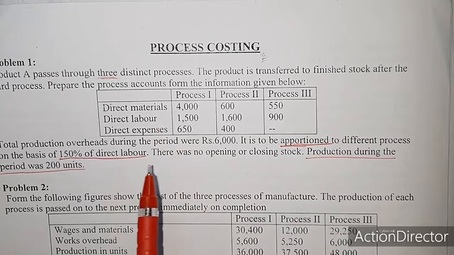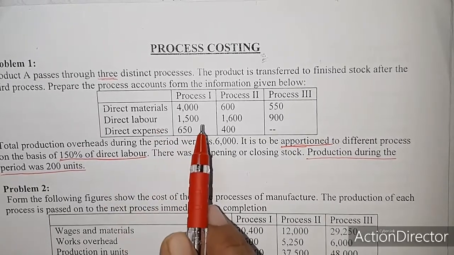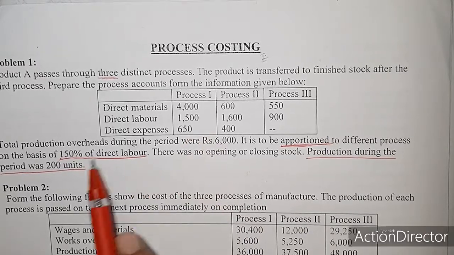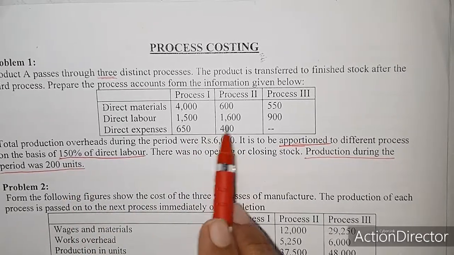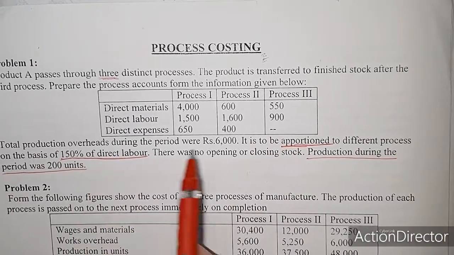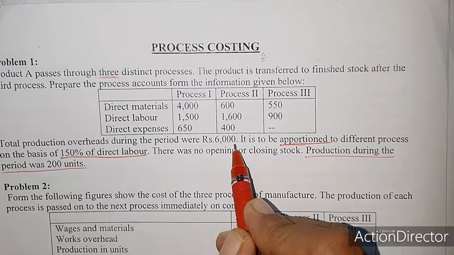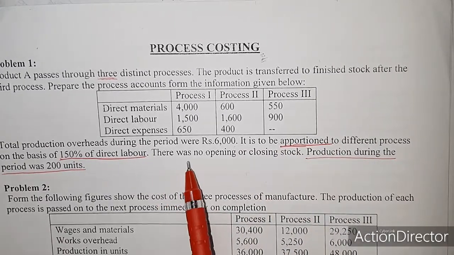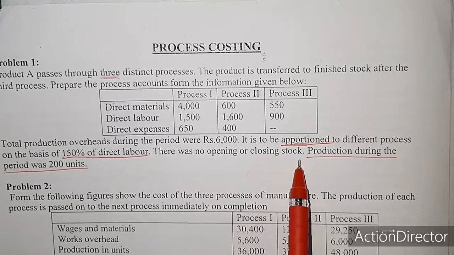So when you divide, that is when you calculate 1500 into 150, 1600 into 150 and 900 into 150, the total value should come to rupees 6,000. They have also given that there was no opening or closing stock.